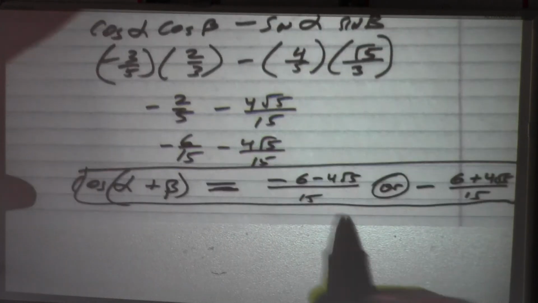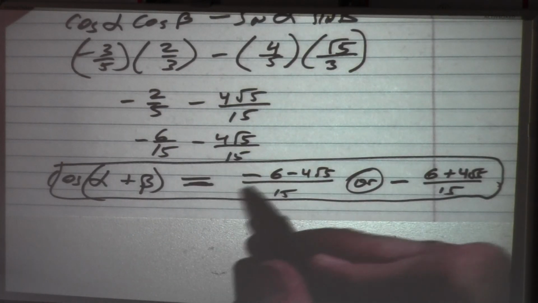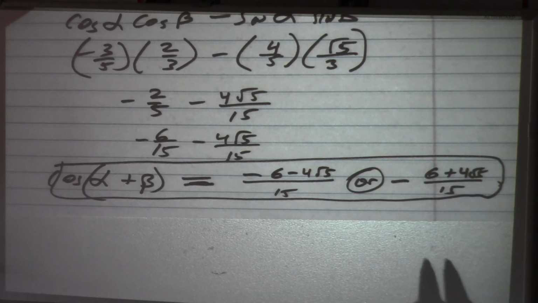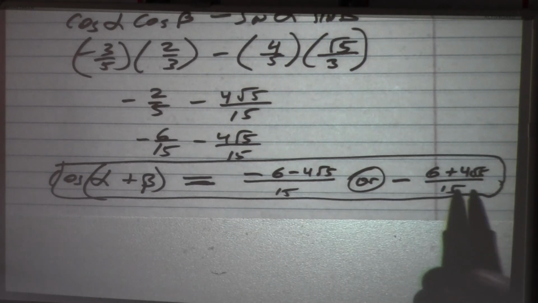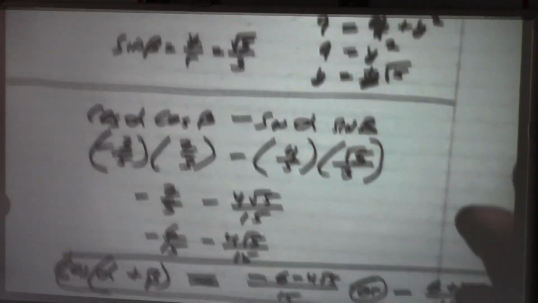It's an or, so you could give this answer, or you could give this answer, just when I took the negative out of the top, I had to take it from both terms. So both are perfectly acceptable. And that's how you do the cosine of alpha plus beta.